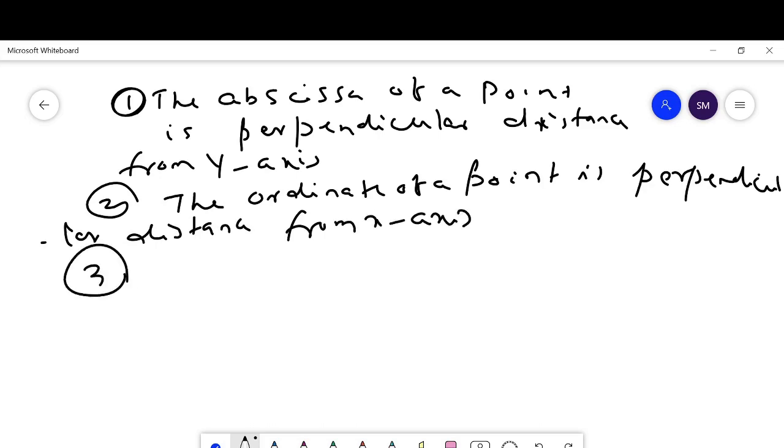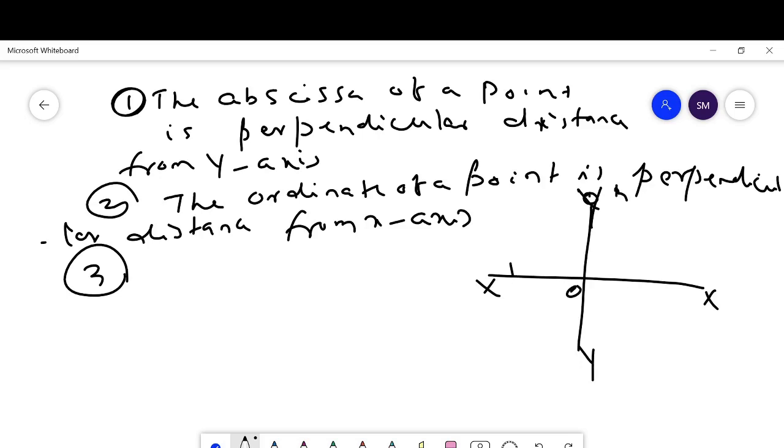Then the third point says the abscissa of every point situated at the right side of the y-axis is positive. Suppose this is the origin, this is y, this is y dash, this is x, and this is x dash.